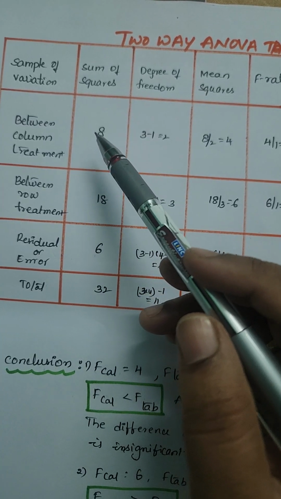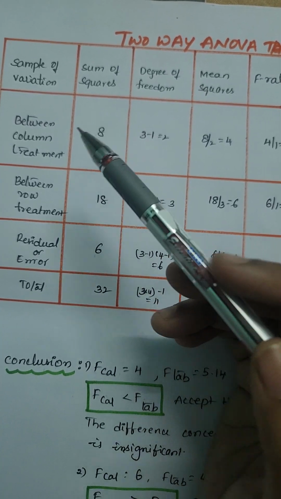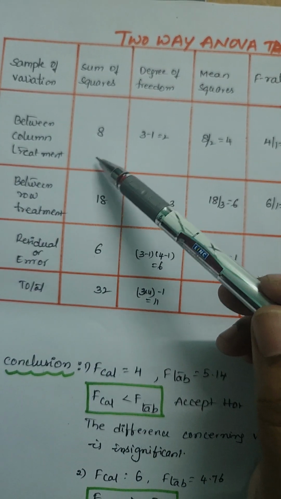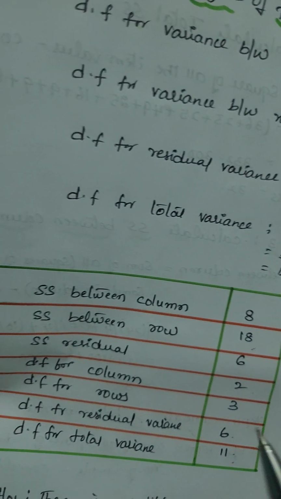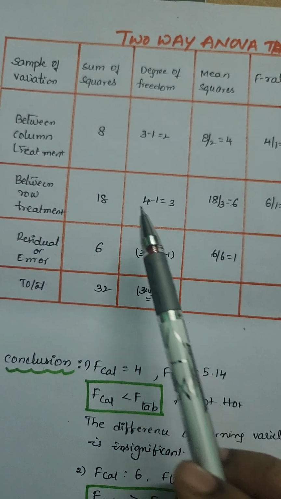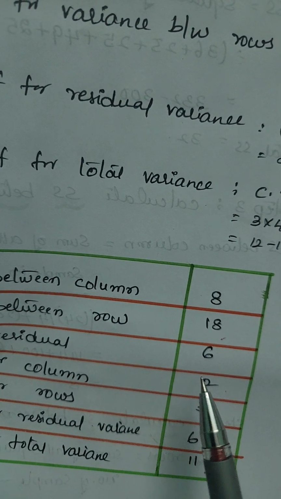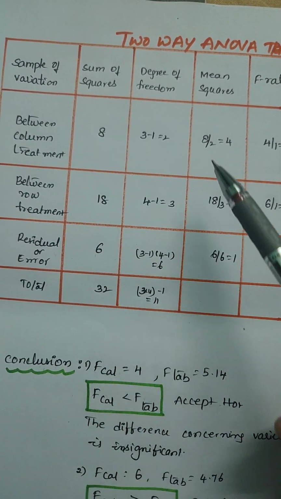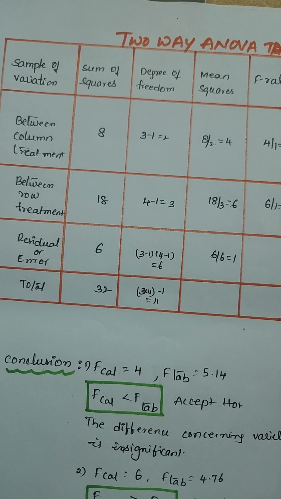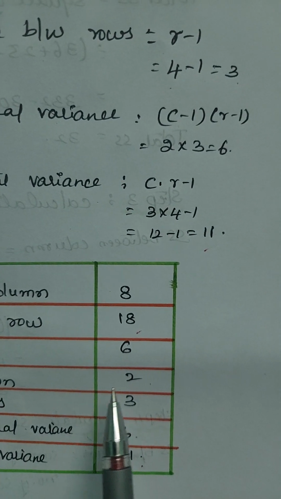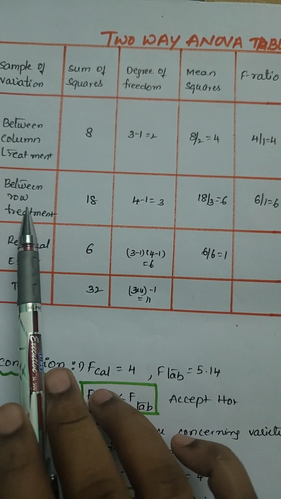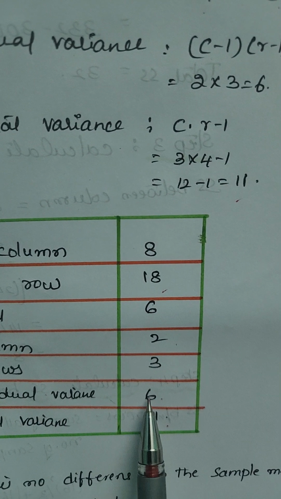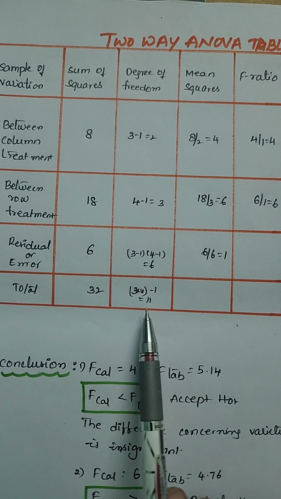Sum of squares between the columns is 8, between the rows is 18, residual is 6, and the total is 32. Degree of freedom between the columns is 2, between the rows is 3, residual is 6, and total is 11.